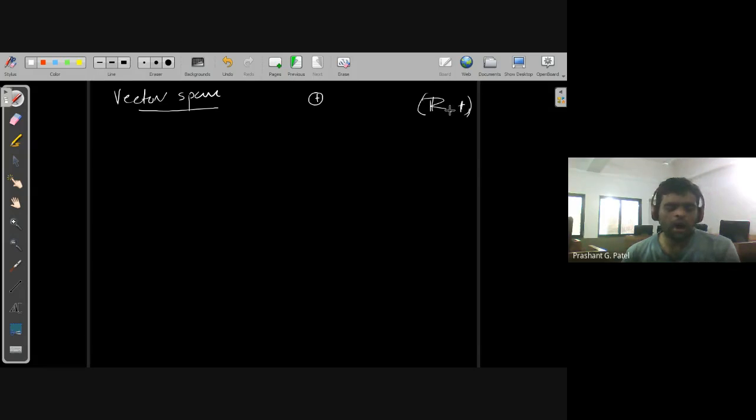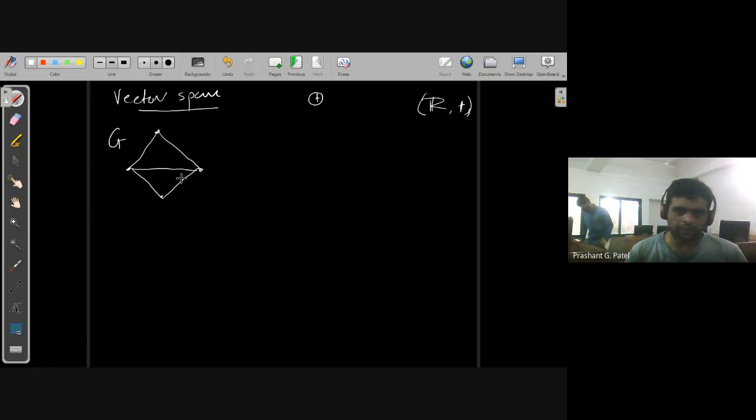Using these two you can say that it is a vector space. Likewise, we need to define some operation here. We started with G, and there are subgraphs of G represented with 5 tuples. So we are talking about this graph only, no other graph. If you have a different graph, then a different vector space will be generated.